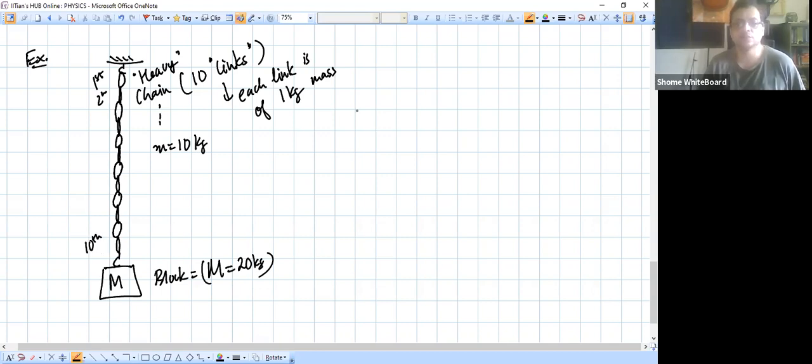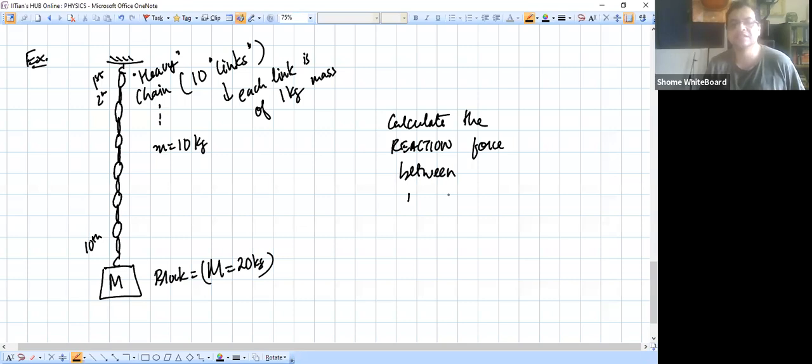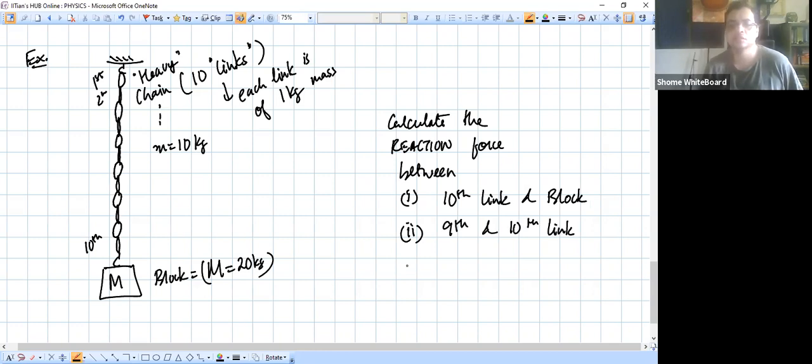Now we have to calculate the reaction force between the 10th link and the block, then the 9th and 10th link, then the 5th and 6th link.